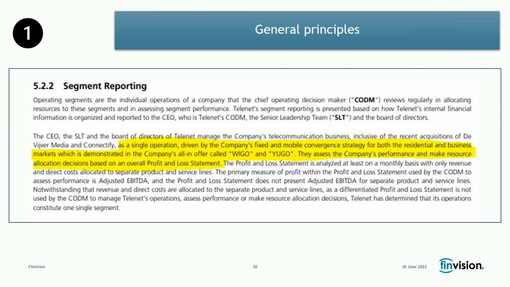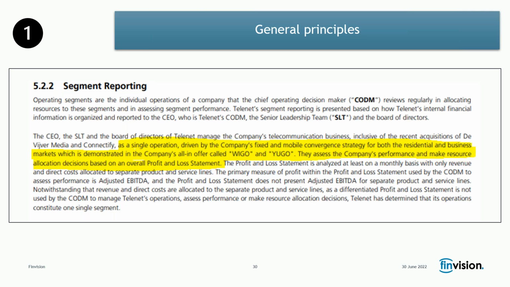Okay. This one is from Telenet. Again, they say, well, this is the CEO, the chief operating decision maker. So they explain it, and they say, surprisingly, that they only have one single operation, and then they explain the judgment they have made, because they have a fixed and mobile conversion strategy for residential, but also business markets. So they say we only have a single operation.